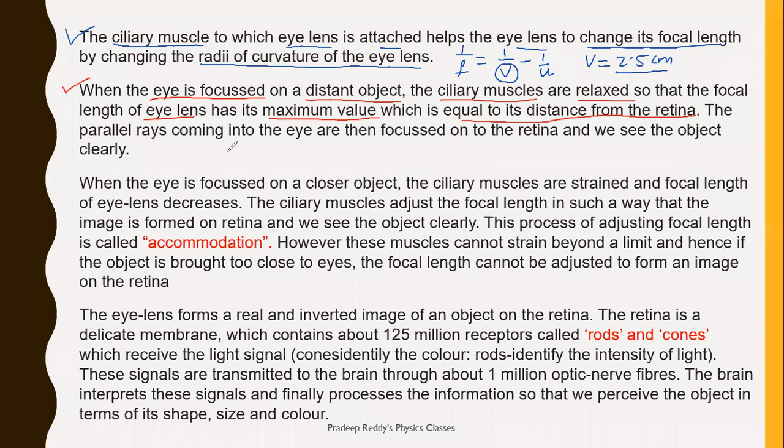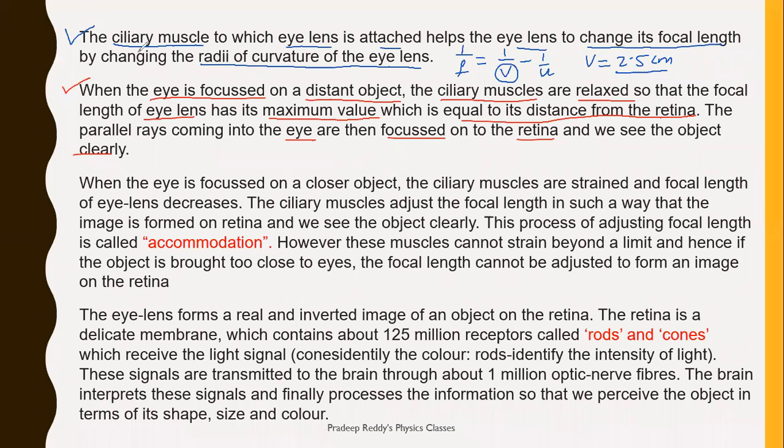The parallel rays coming into the eye are then focused on the retina and we see the object clearly. This is one more important point. We will be using all these things in the coming topics. That's the reason why I am explaining this in detail, one by one. Every point I am explaining clearly.